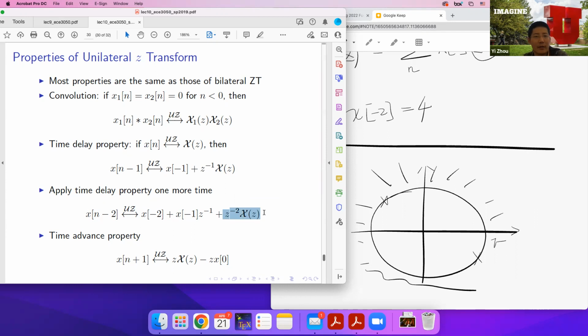And this is like a standard time shifting property in the z domain, right? And these two terms correspond to the initial conditions that we need to know when we apply the unilateral transform.